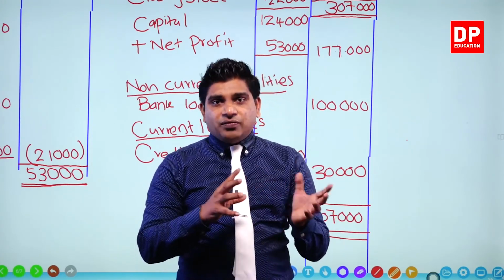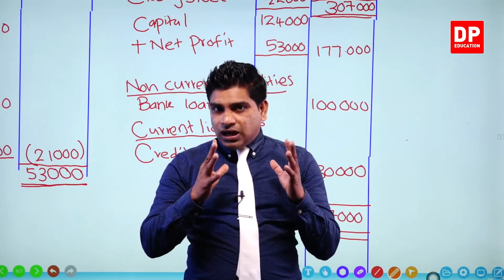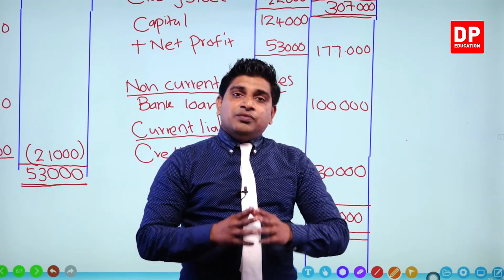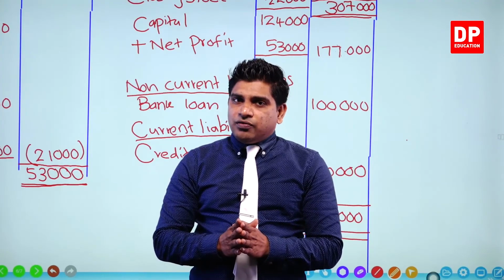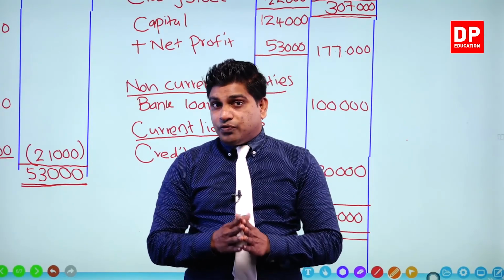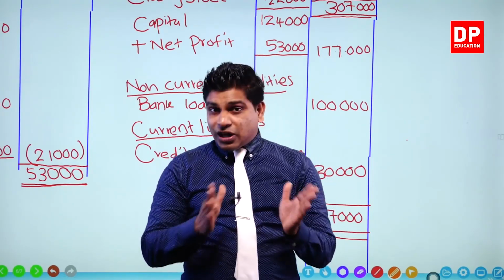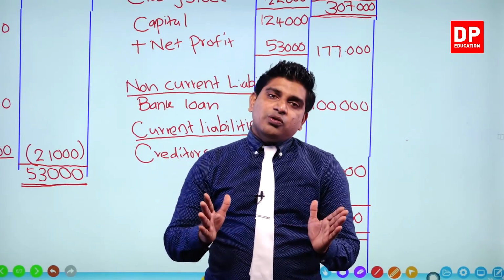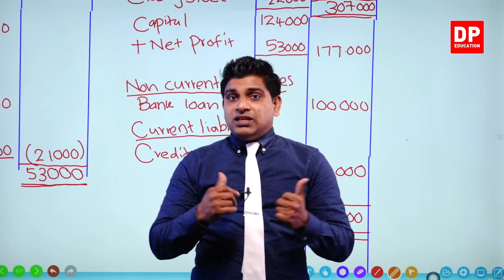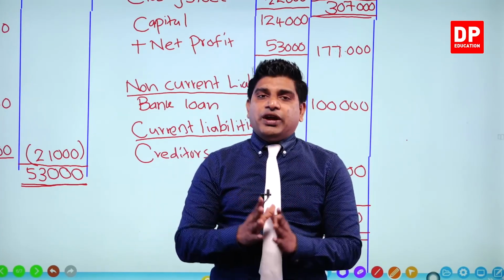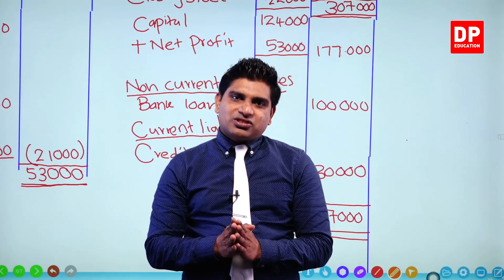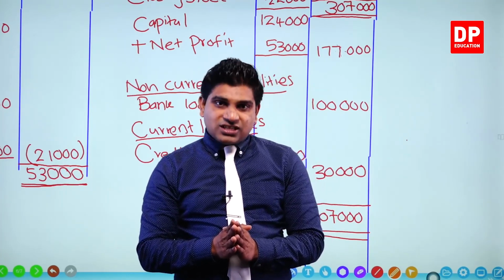According to the basis of the accounting equation, your total assets of the business should be equal to the total capital and liabilities. So we finish the statement of financial position also without additional information, without adjustments. This is the lesson we finish now. In the next lesson, we discuss how to draw the financial statements including adjustments. We'll see in the next lesson. Okay.